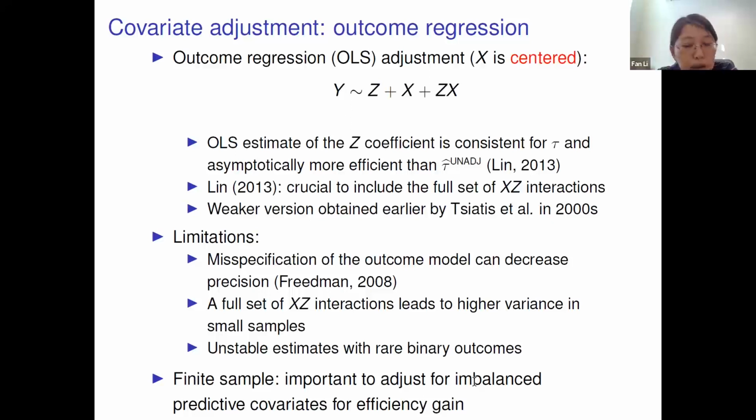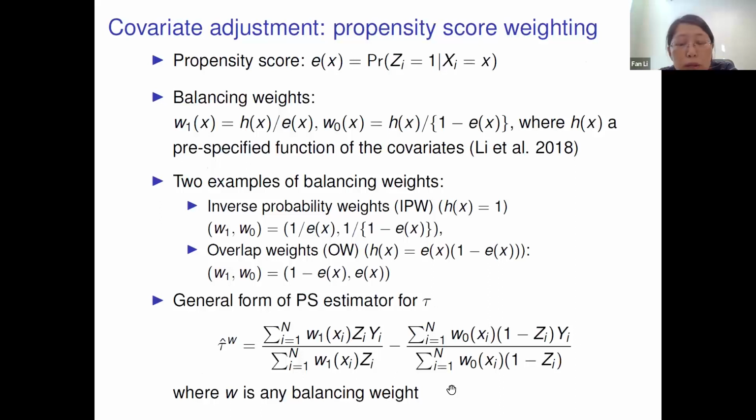If some covariates are balanced, there's no point adjusting for them. And if they're not predictive of the outcome, there's no point either. So it's important to focus on the imbalanced predictive covariates for efficiency gain, particularly baseline outcomes. If they are imbalanced, then it's good to adjust for them. So this is the first approach.